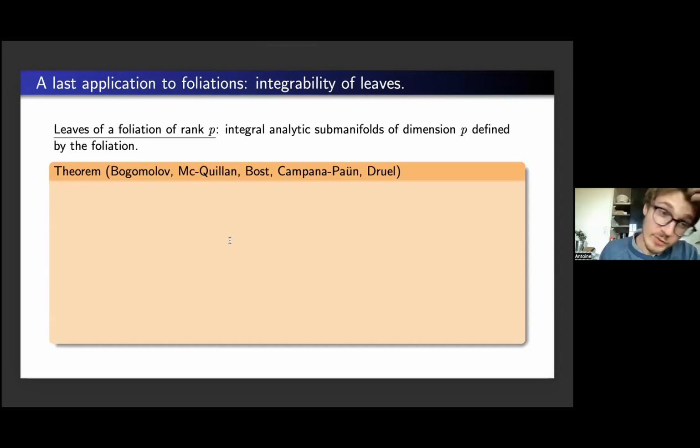And so the fundamental theorem, due to the contributions of Bogomolov, McQuillan, Bost, Campana, Pon, and Druel, is the following.